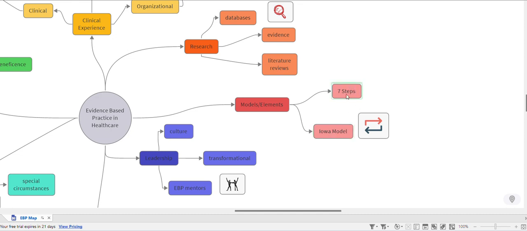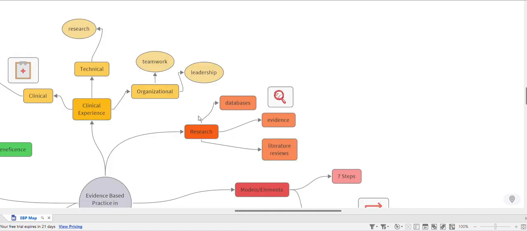So very similar to the 7-step model here. There's also in this model some feedback loops that are built in. So if something's not working, that's okay. You just back up and reevaluate your question or your evidence. And this helps improve quality of health outcomes by finding workflows that work best for your practice.